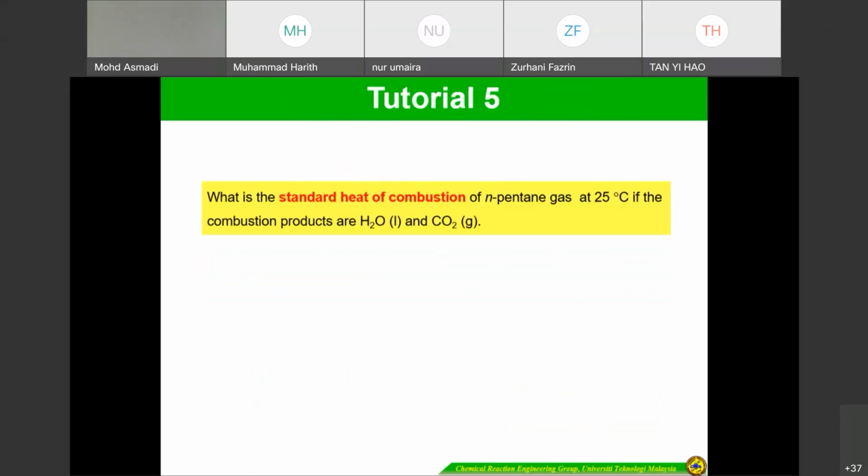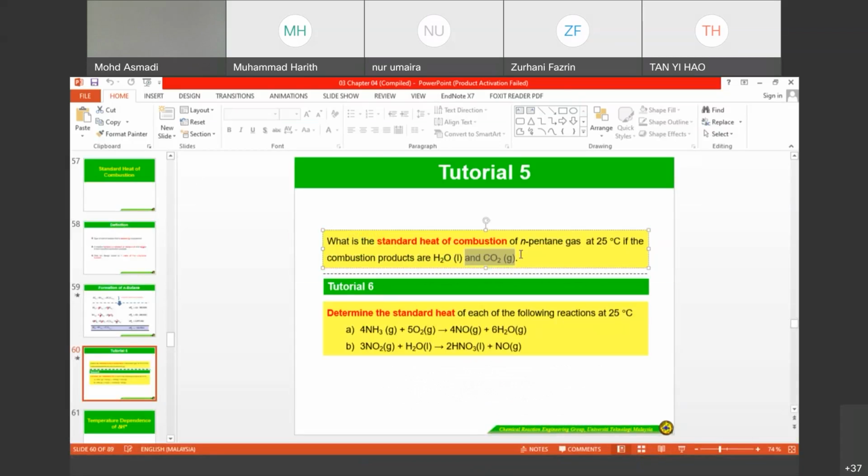Tutorial 5. Let's see this one. What is the standard heat of combustion of n-pentane, if the combustion products are H2O and CO2? Let's see this one.